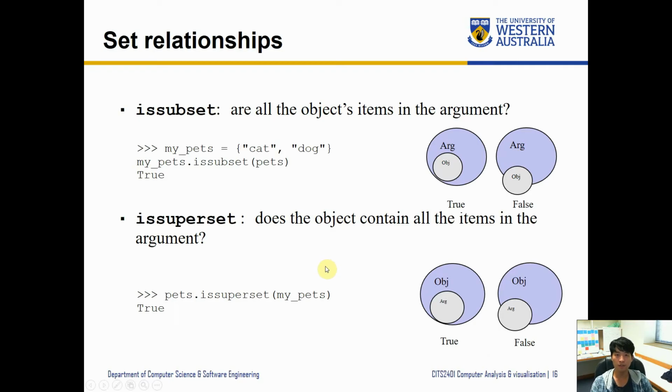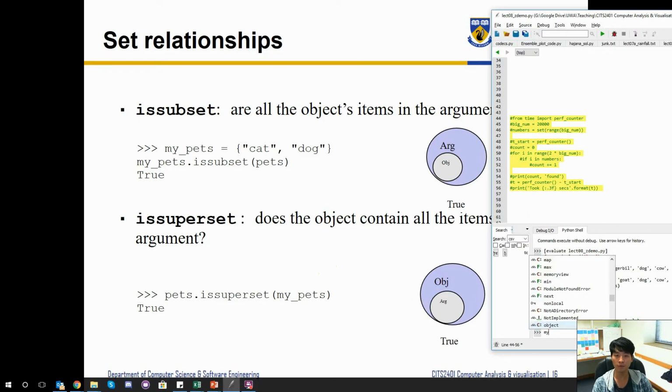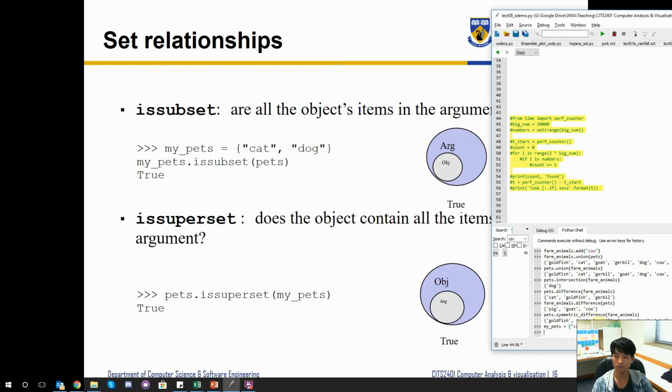Right? And checking the set relationship is quite straightforward as well using the issubset method. So for example, I have my_pets equals cat and dog. Okay, so this is my specific pets, and what I can do is check whether my_pets is a subset. my_pets.issubset(pets).